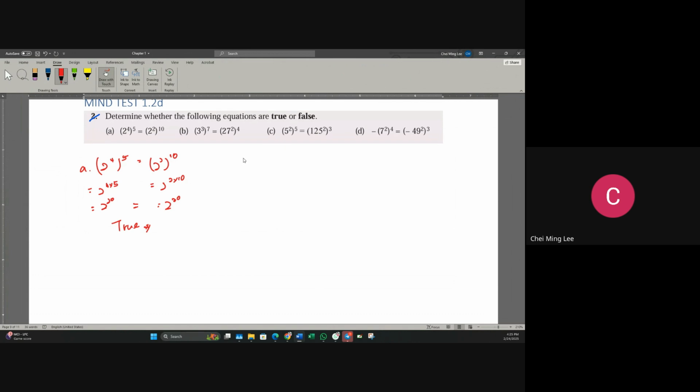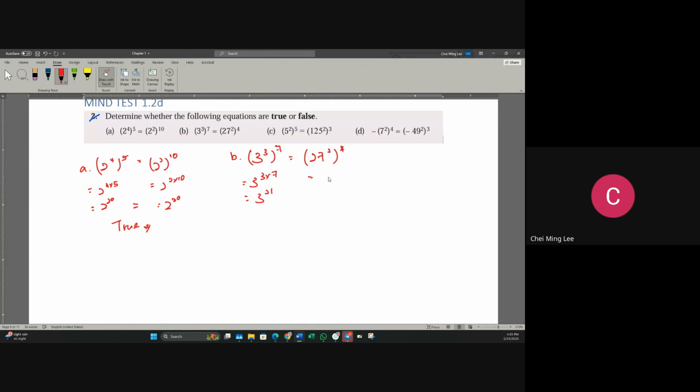Okay. Now for B, 3 to the power of 3, power of 7 equals 27 power of 2, power of 4. So first for this one, 3 to the power of 3 times 7, which is 3 to the power of 21.